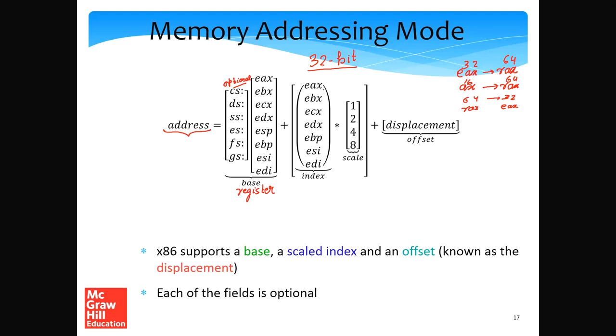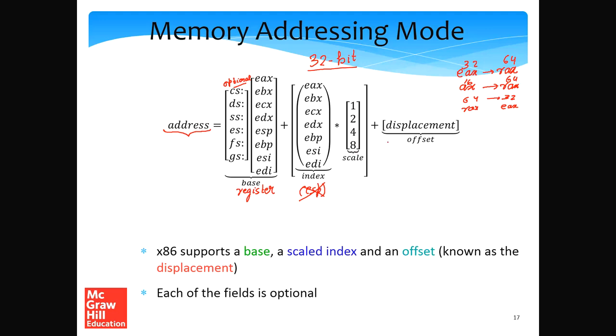In this case, the index can be any of the first 8 registers other than ESP. The ESP, the stack pointer, cannot be used as an index. So let me write that: other than ESP or the stack pointer. All the other 7 registers can be used as an index, and optionally they can be scaled by a factor of 1 or 2 or 4 or 8.